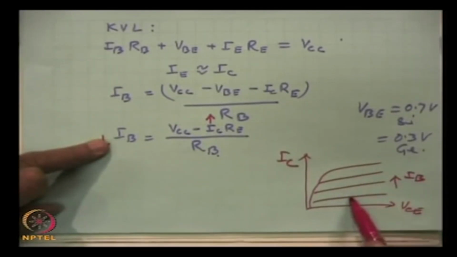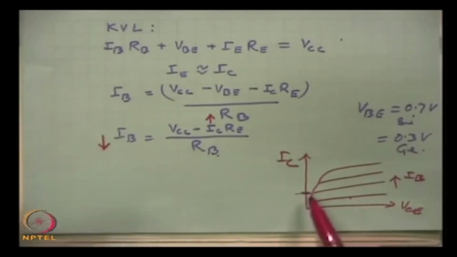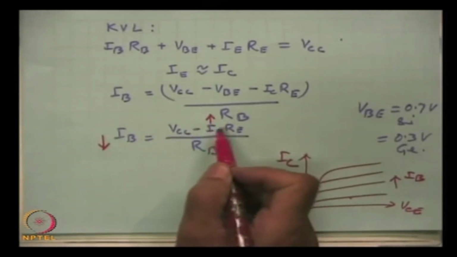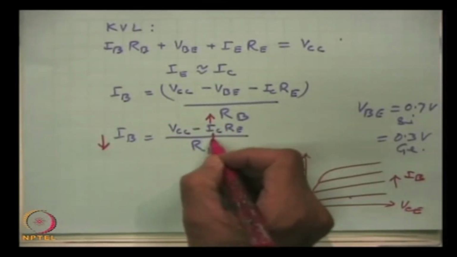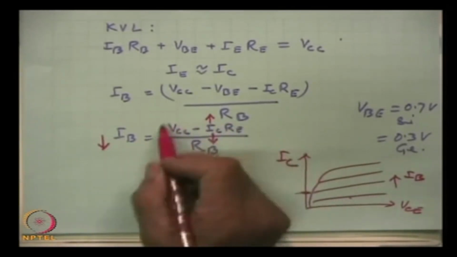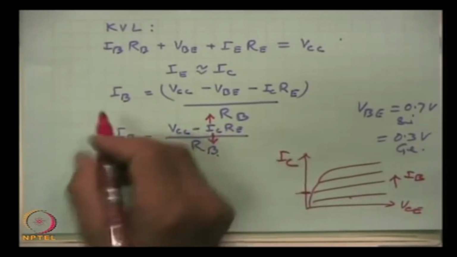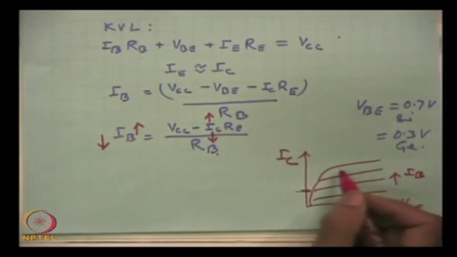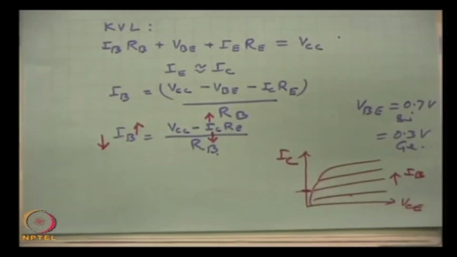If IB falls, then there will be less collector current in the circuit. So, this is the corrective measure: if IC falls, then this term will acquire higher magnitude and the input current will increase, and that will take care of the fall in current; it will enhance the current.